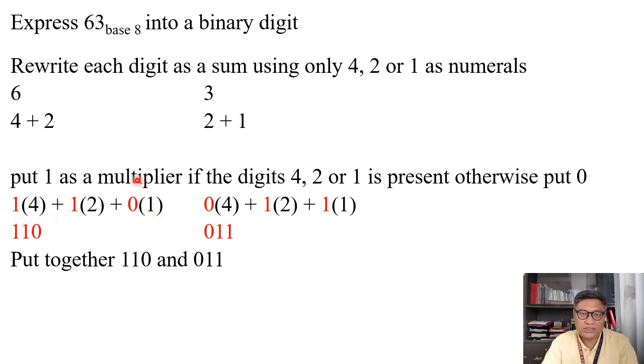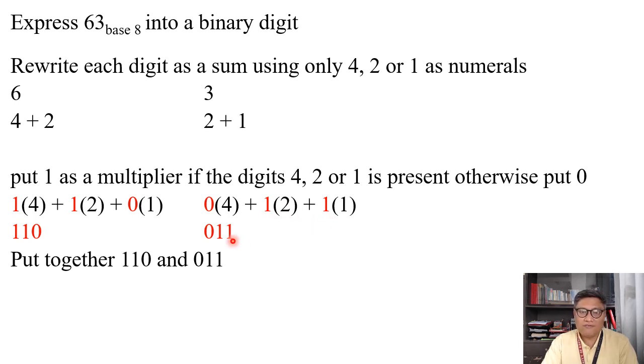Then 1, which is not found in 6, we just put 0 as a multiplier. Likewise for 3, because 3 is represented by 2 and 1 only, you notice here that 4 will be multiplied by 0, and 2 and 1, which is now equivalent to 3, will be multiplied by 1.